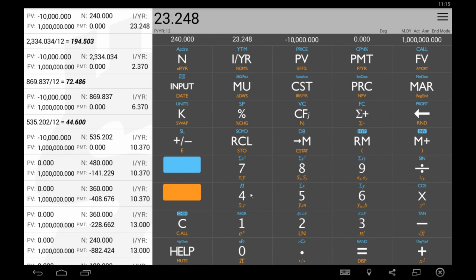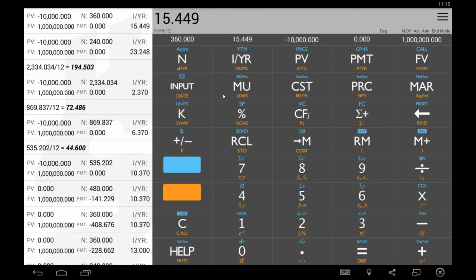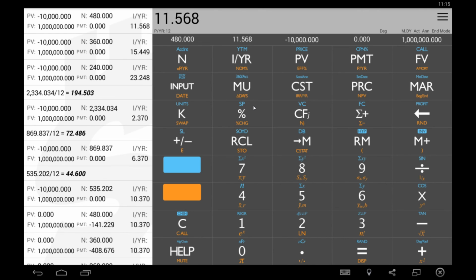Now let's look at it at 30 years. 15%. Okay, 30 years, $10,000, I can make $1 million off of 15%. Let's do 40 years. 11%. 11 and a half.